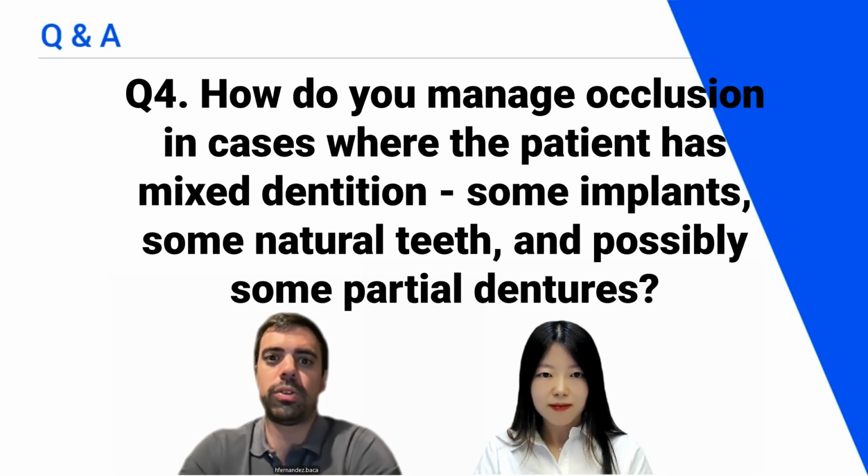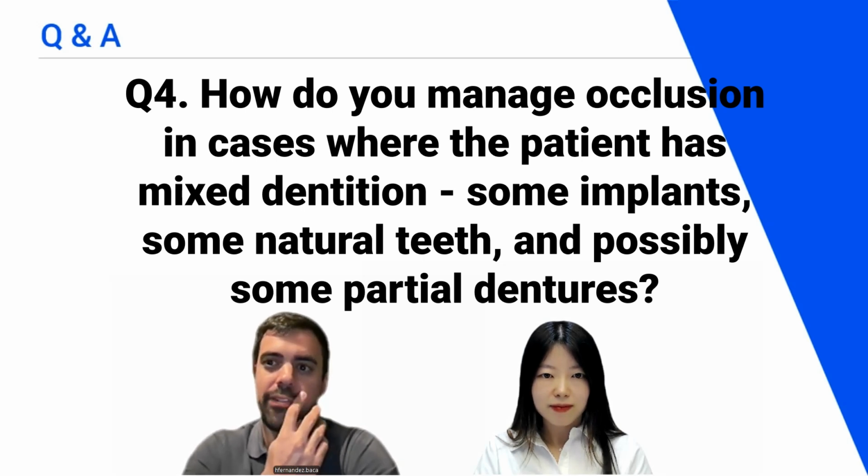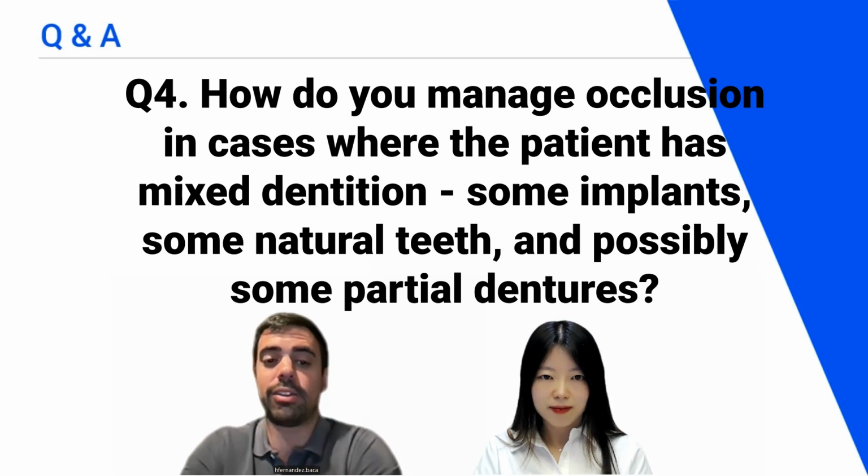We don't want implants to have more contact than teeth, maybe slightly less. Dentures are a bit the same, because dentures have a bit of movement where implants don't move. So we cannot have an implant catching first, because you can end up with an occlusal overload. We need to be really careful about those things.